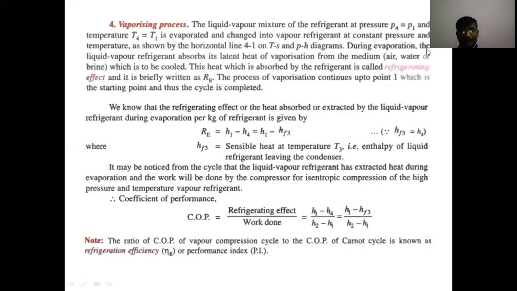During evaporation, the liquid vapor refrigerant, that means wet vapor, absorbs its latent heat of vaporization from the medium, air or water or brine solution, whatever the space to be cooled. Air, water or brine solution are the secondary refrigerants used in the vapor compression cycle.